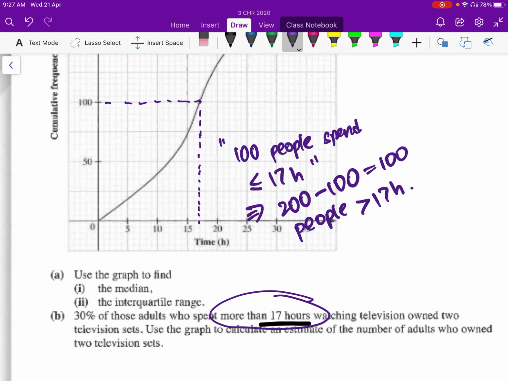Okay, what's happening so far? Rindiani, are you okay? So we have 100 people spend more than 17 hours. What did they say about these 100 people? 30% of them. Out of these 100 people, 30% have 2 television sets.